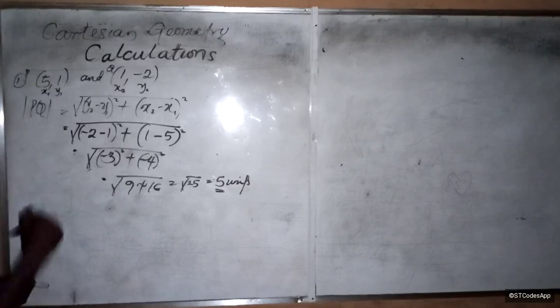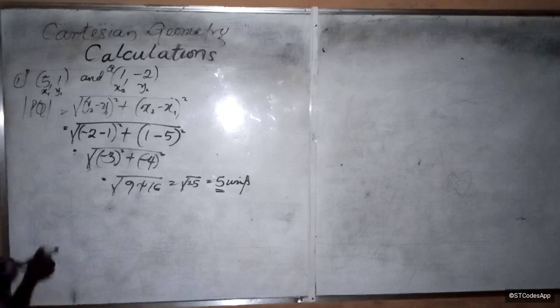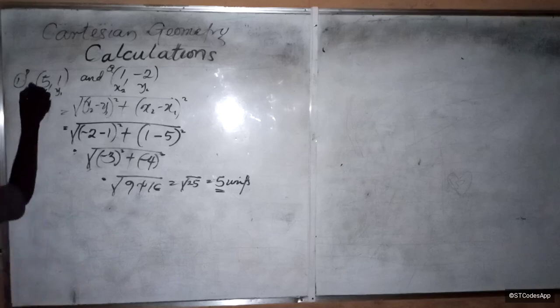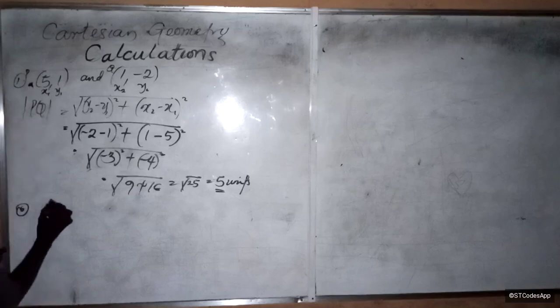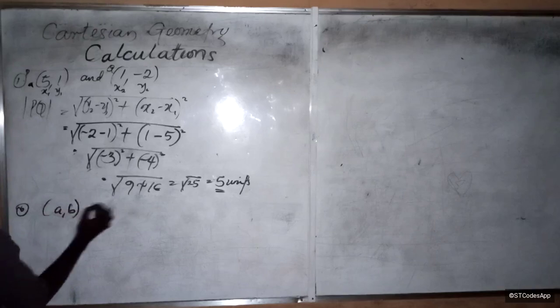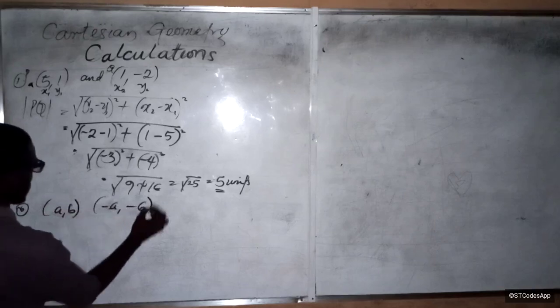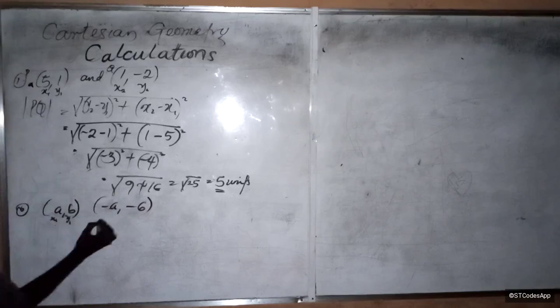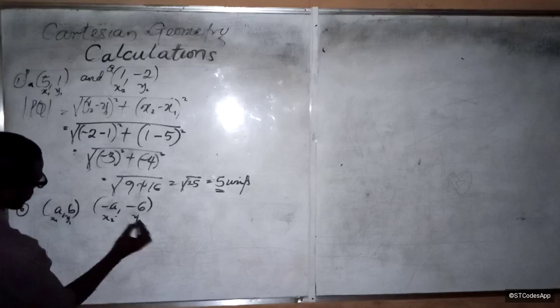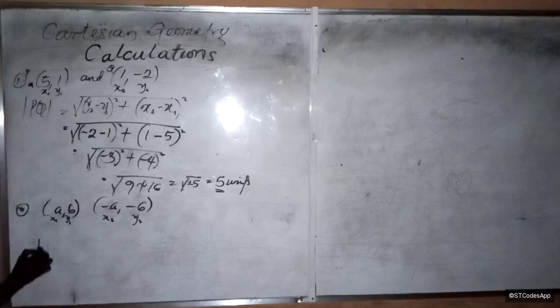Then the second one says to find the distance between another pair of points. So this is A, B, and minus A comma minus 6. This will be our x1, y1, x2, y2. These are the first things you should do: write the notation.